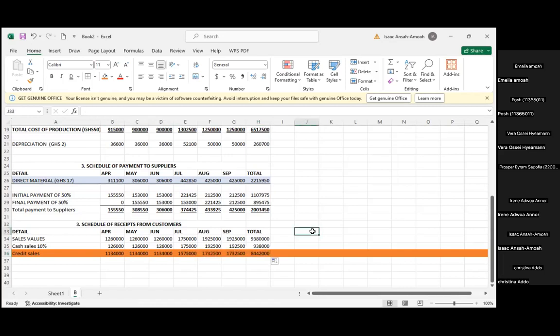Okay, so this is the credit sales. Can we at this point say that the credit sale has become 100%? Yes. Okay. Percy, do you agree that after the cash sales, if we generate the credit sales, if we are talking about credit terms, the credit sales would assume 100%?